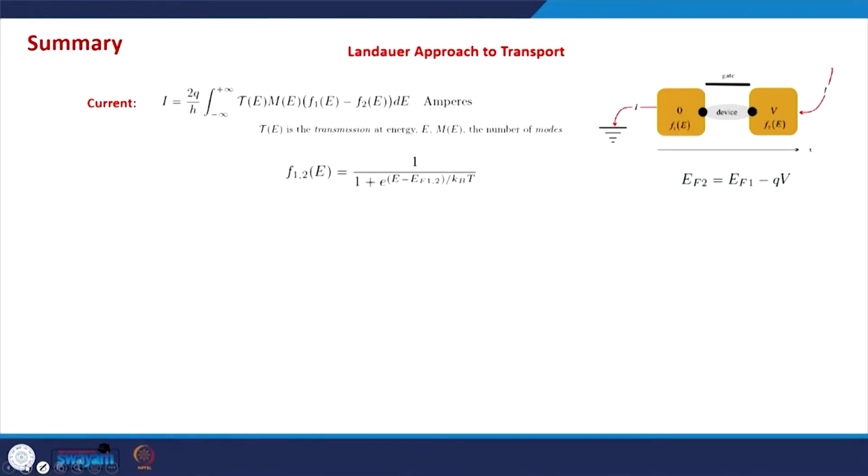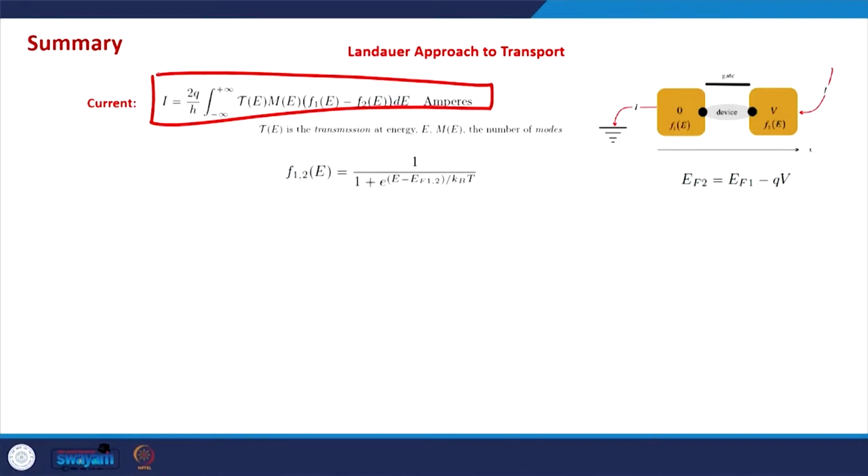So let me quickly review what we have seen so far. In the Landauer formalism of transport, this is the current equation that we start with, and this equation was derived for a two terminal device in our discussion, but this is equally applicable to the MOSFET device as well.